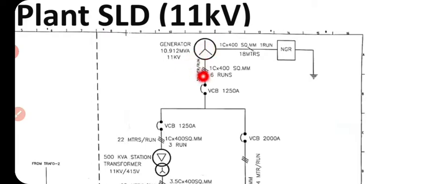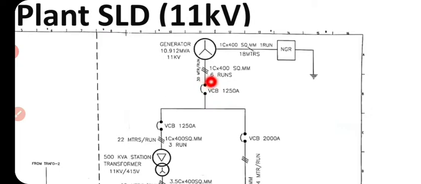Now coming to this section, the rest 3 phases were supplied to this section. Again the cable's rating is 1C 400 square mm, a single core 400 square mm cable, but it had 6 runs. 6 runs means 6 cables were laid here. Why do we need 6 cables?